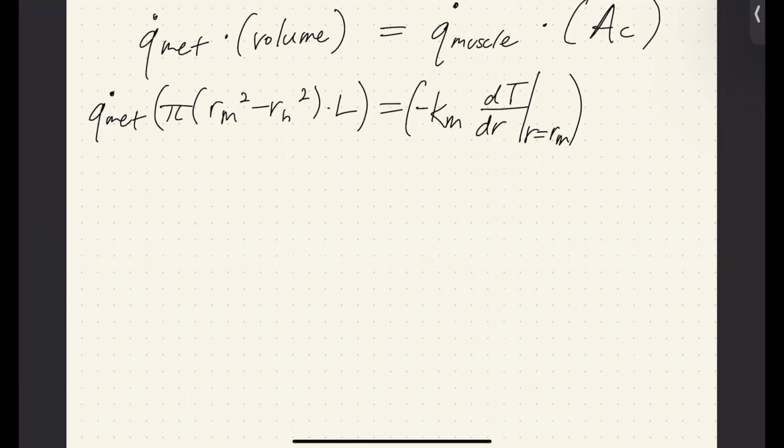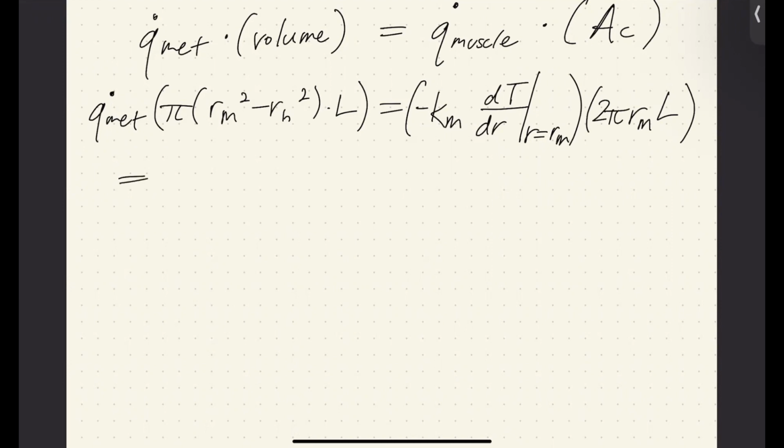And then you multiply it by 2 pi rm L, right? This is our cross-sectional area of our flow, the 2 pi rm. Great.